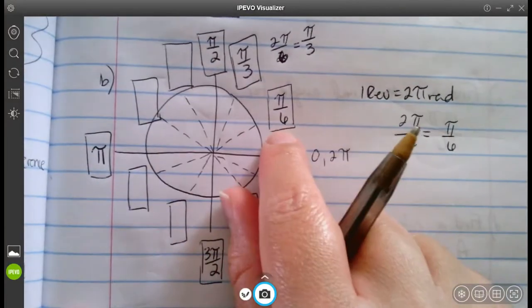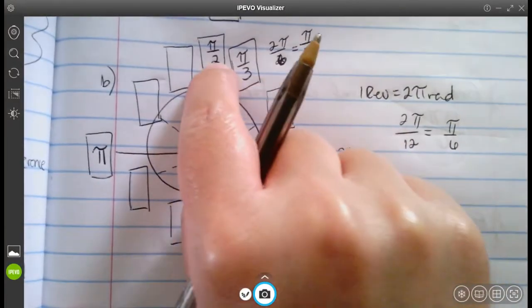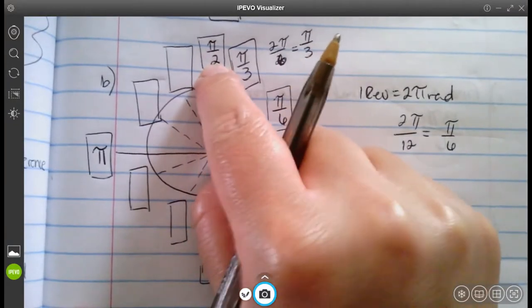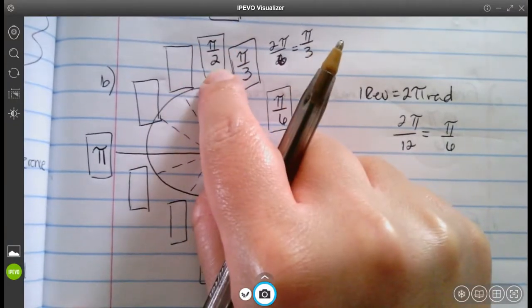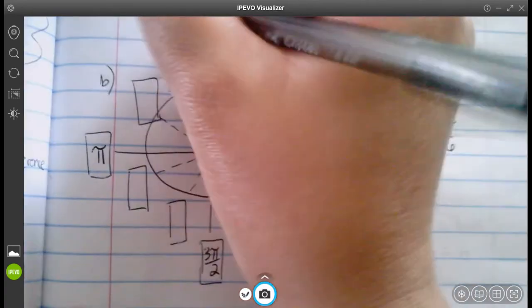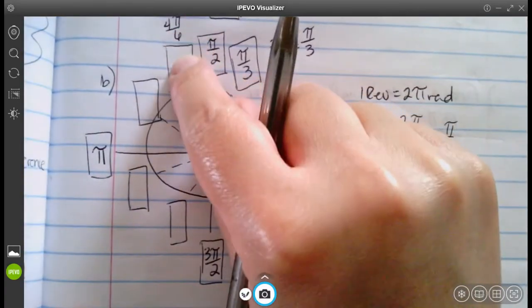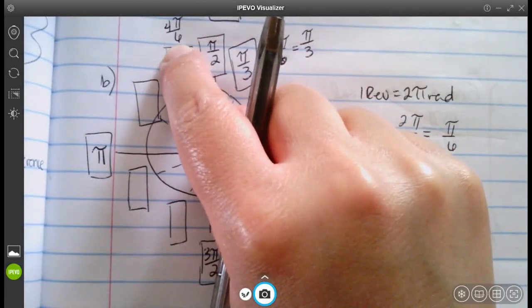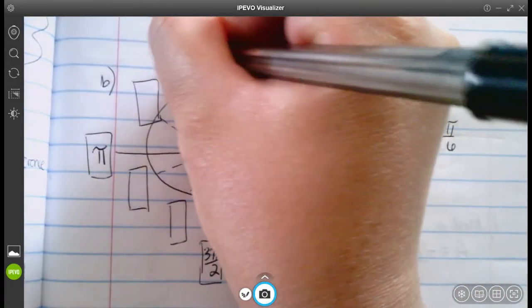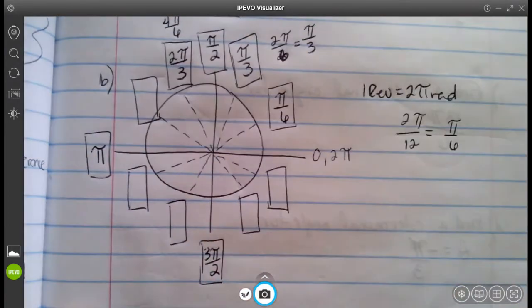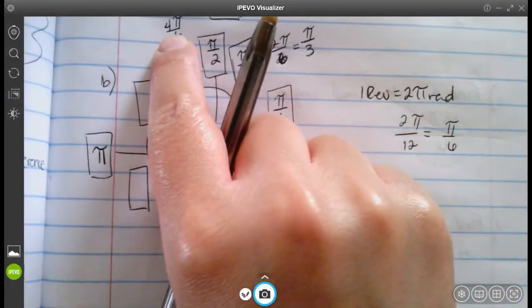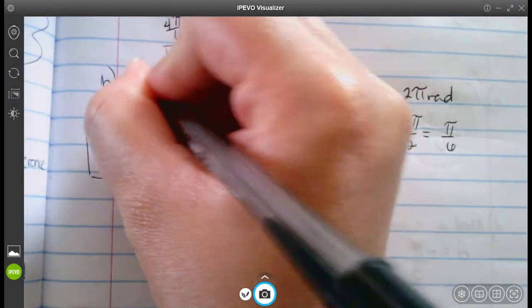This one would be, let's see, 1 pi over 6, 2 pi over 6, 3 pi over 6, but 3 pi over 6 reduces to pi over 2. Okay, what's after 3? 4 pi over 6. And I'm putting it on top because, again, 4 over 6 reduces to 2 over 3. So 2 pi thirds. Okay, what's after 4? 5.